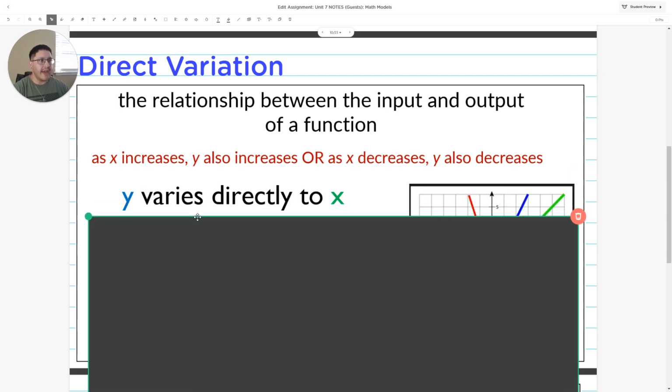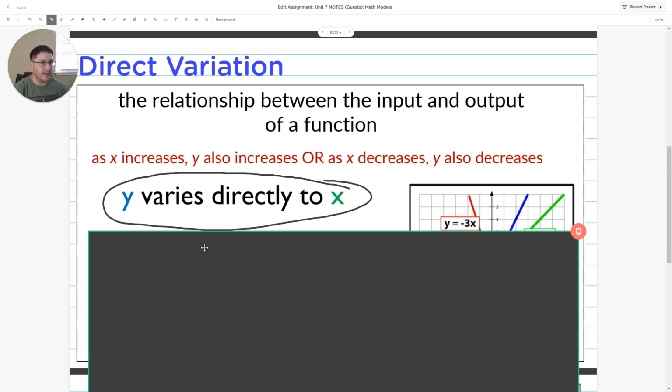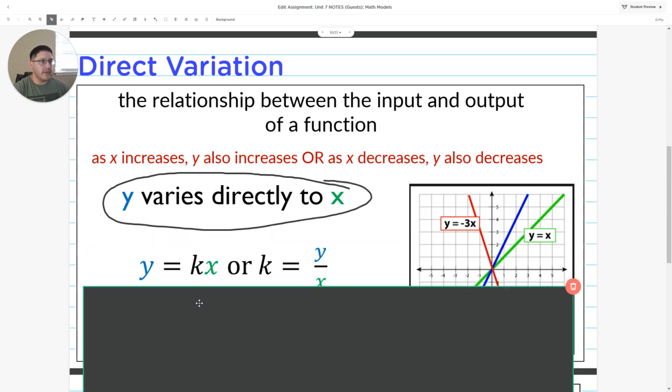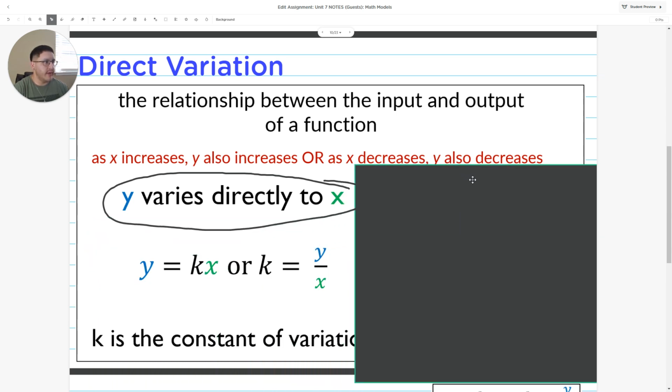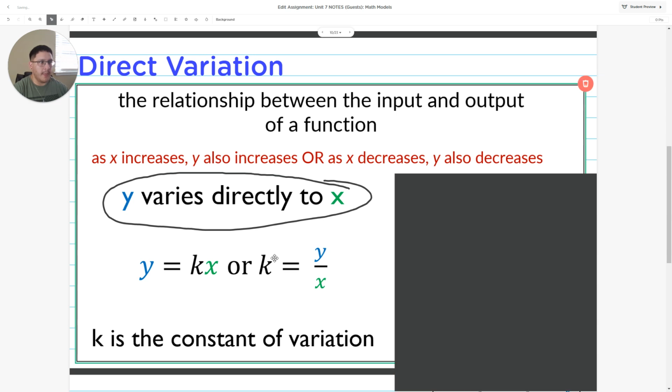So we say that y varies directly to x. This phrase is important when looking at word problems. So what does this mean? There are two formulas we're going to be looking at.